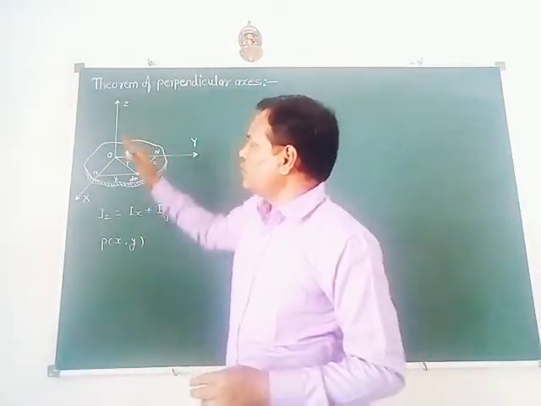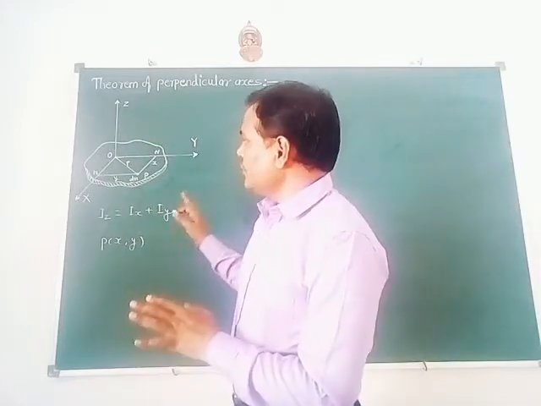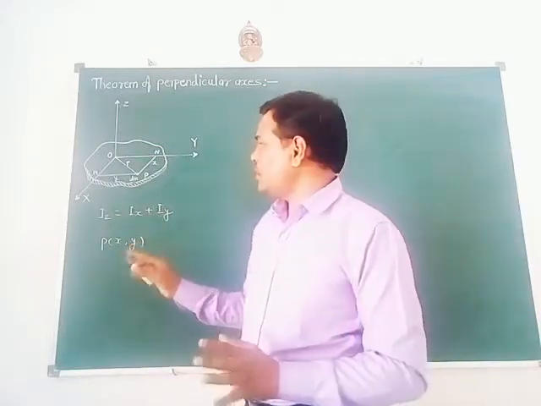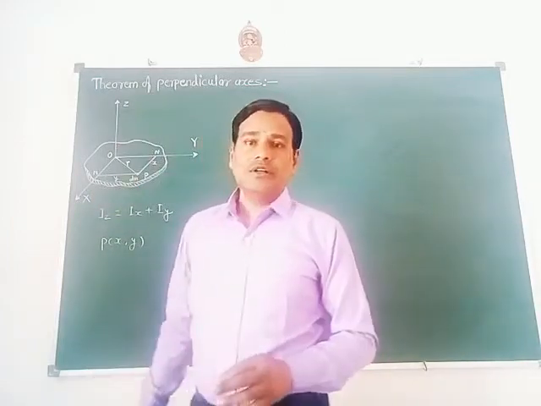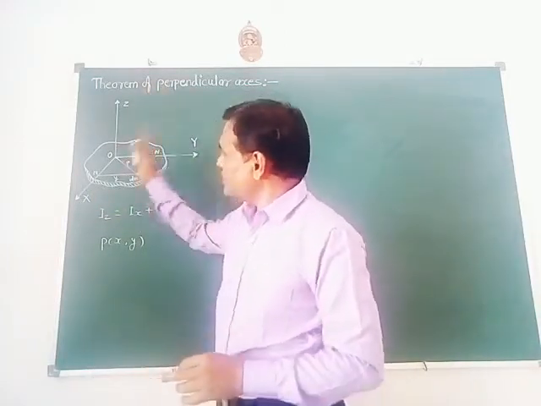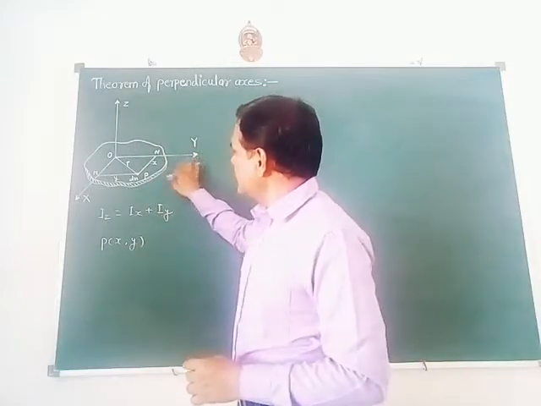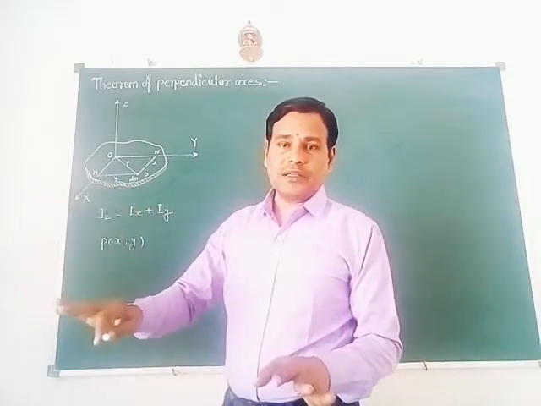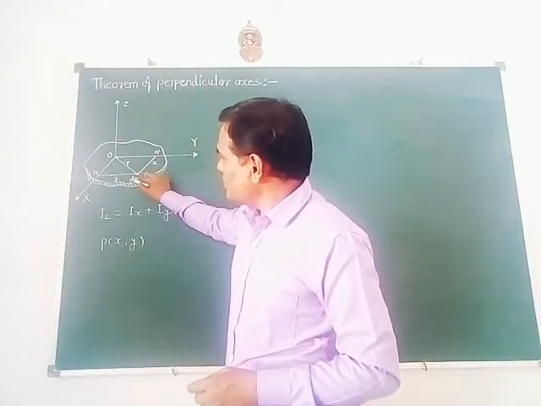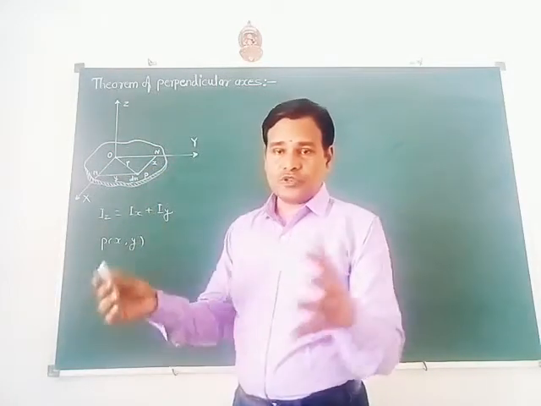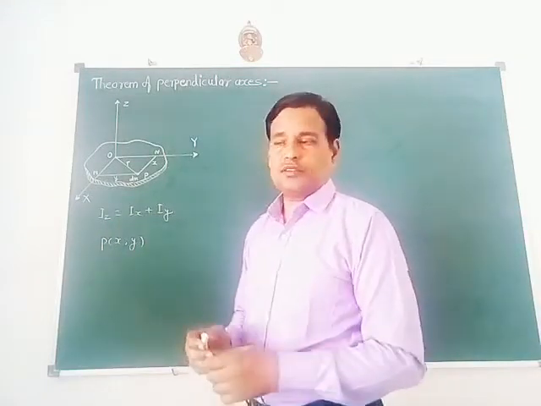Consider a plane lamina which can be rotated about the three mutually perpendicular axes x, y and z, such that axis z is perpendicular to the plane of the lamina, and x and y are mutually perpendicular axes in the plane of the lamina. Here we consider a small element of mass dm. The body consists of a number of such small elements of mass dm.